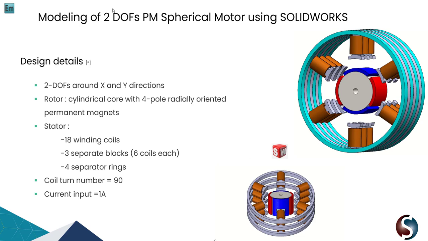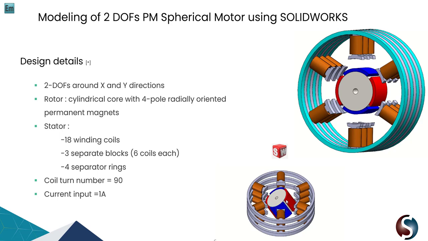So this is an example of a 2D spherical motor. You have the rotor made up of a cylinder with 4 pole magnets, which are magnetized radially. As you can see, we want to achieve a motion around X and Y. The rotor is very straightforward.